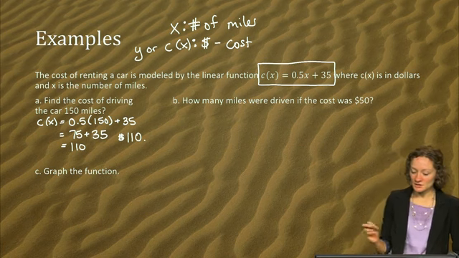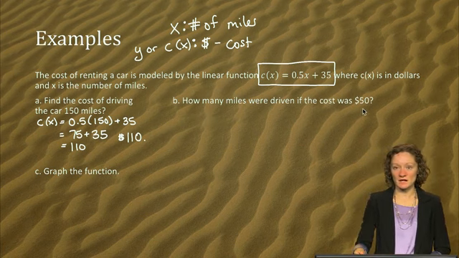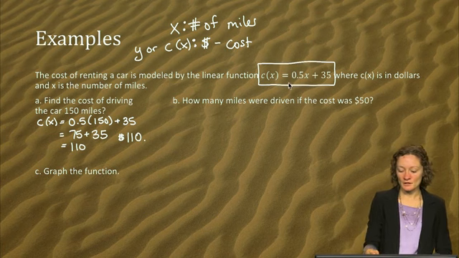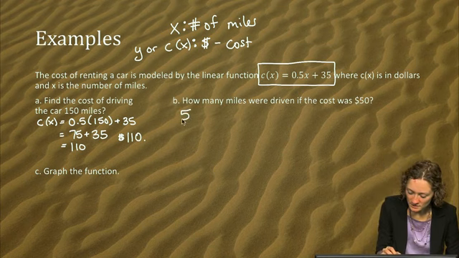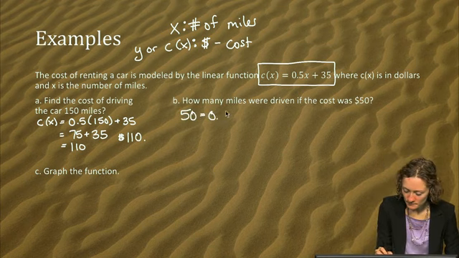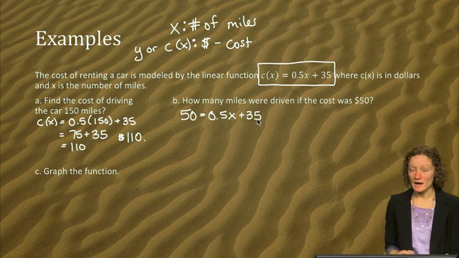Okay, let's look at the second question. How many miles were driven if the cost was $50? So starting over, here's our model. We're given the cost of $50. So plug in for C of x and solve for x.